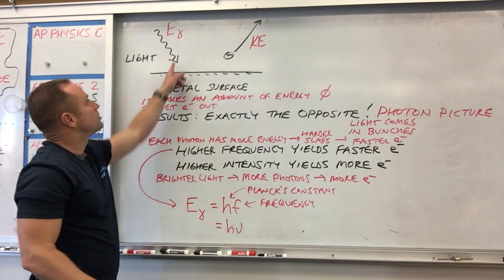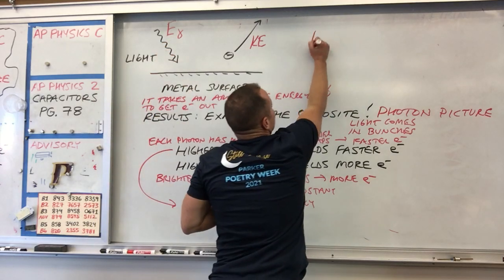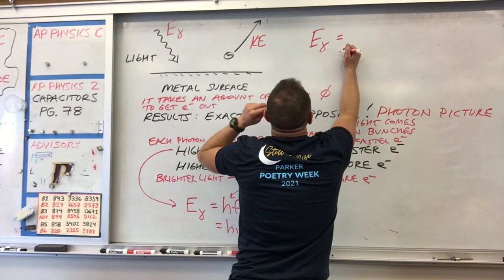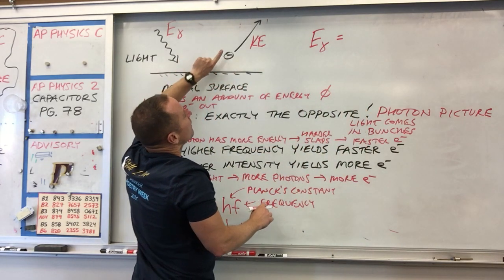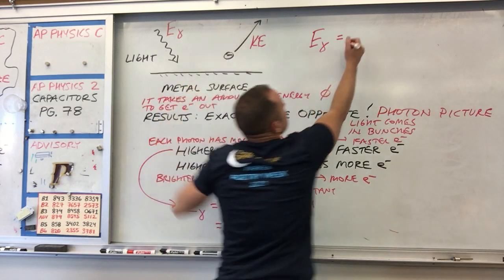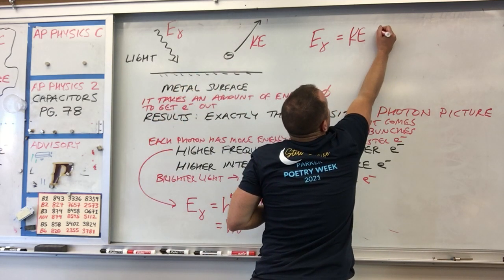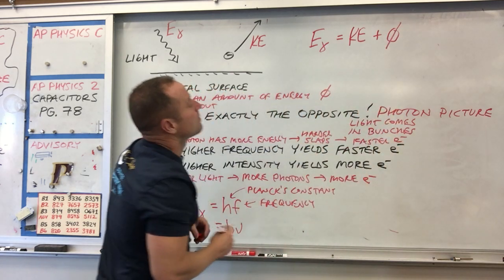And so what you can do is say, okay, here's the energy that I bring in. And then the electron that comes off has a certain amount of energy, plus whatever you lost on the way out, getting out of the metal.